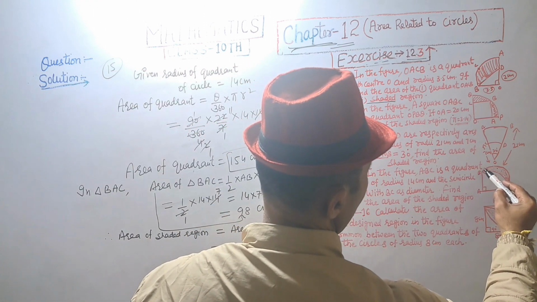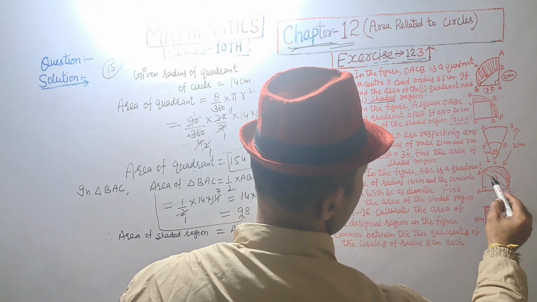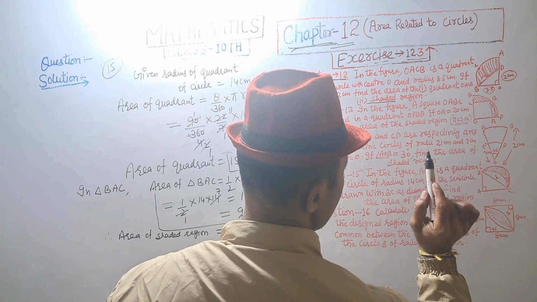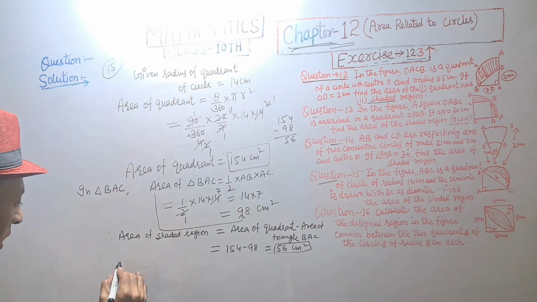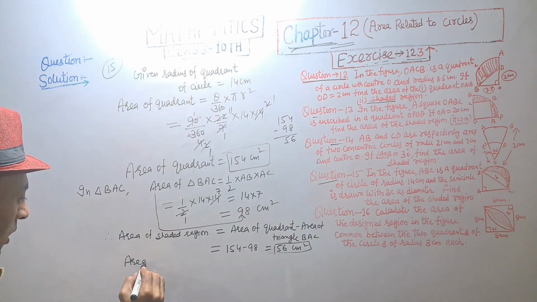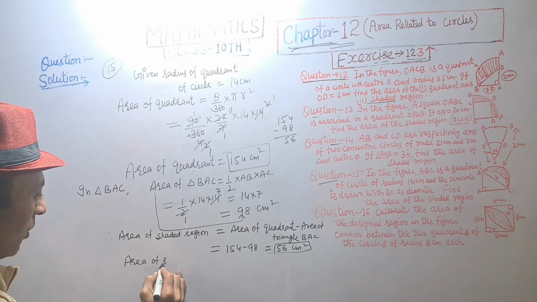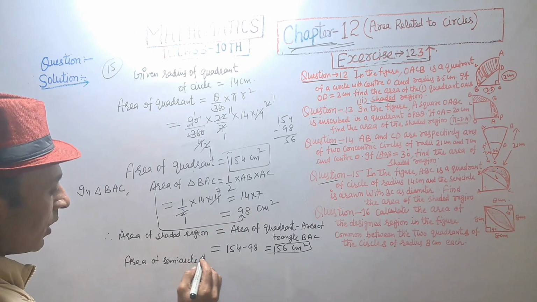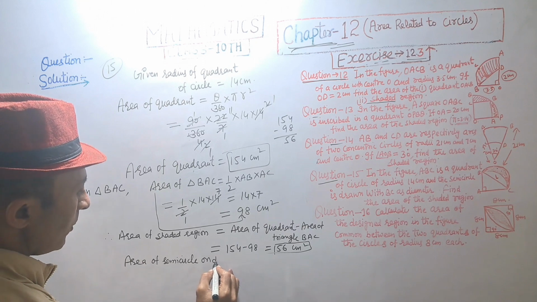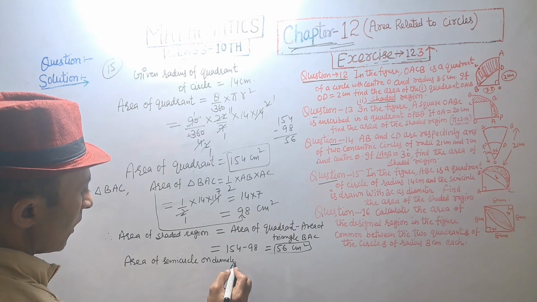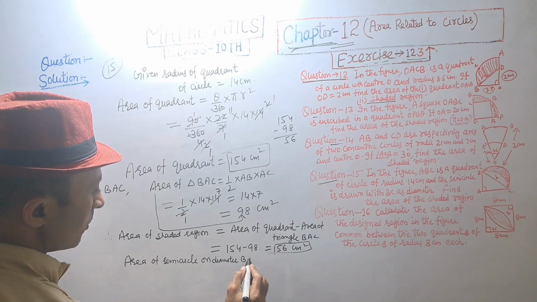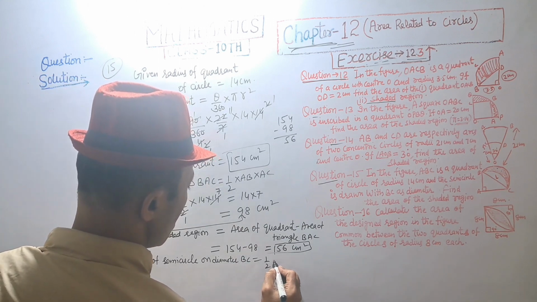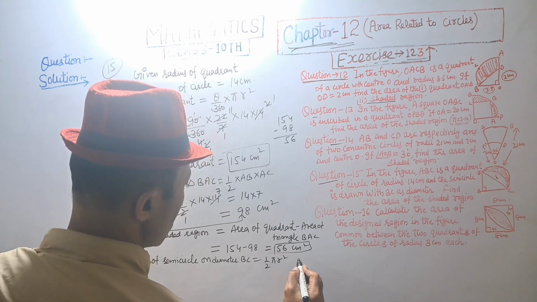And area of semicircle on diameter BC is equal to half into pi r square.